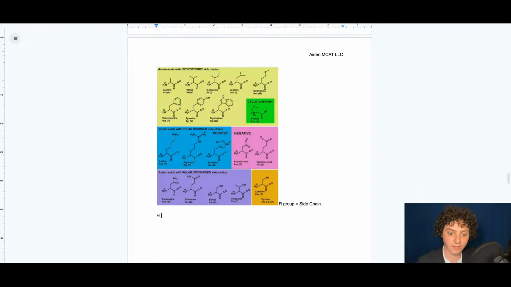So H plus, which is also a proton and also a hydrogen atom, is measured in moles, which is just, let's say, like number of atoms per liter. It's number of atoms multiplied by a much larger number. So moles per liter, and that is a concentration.